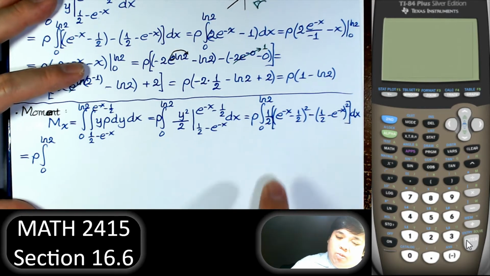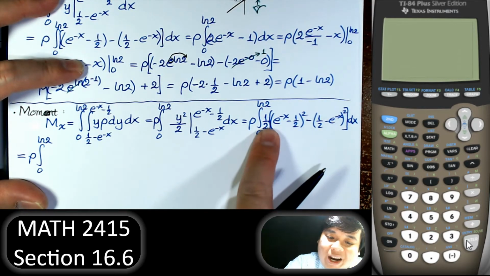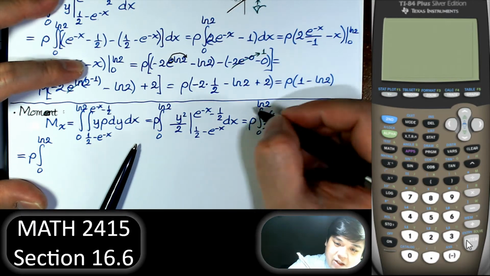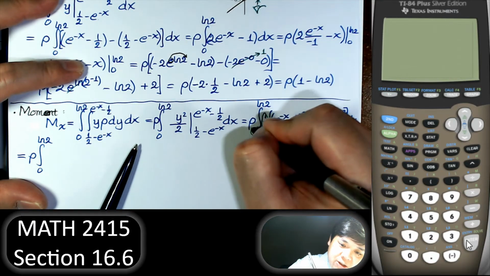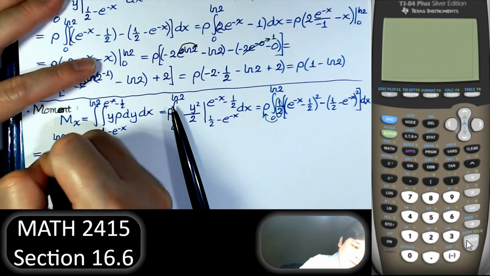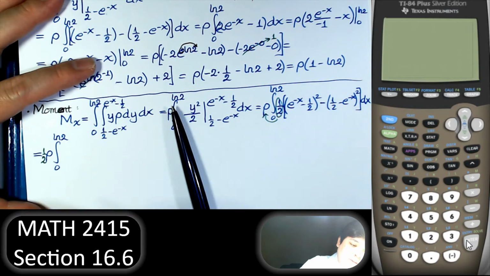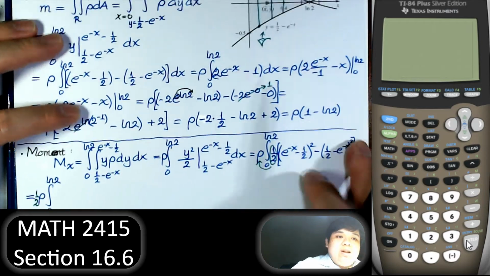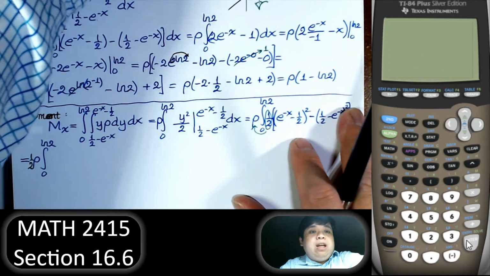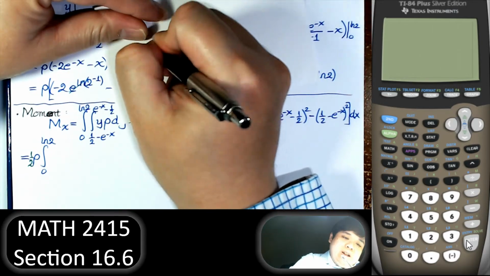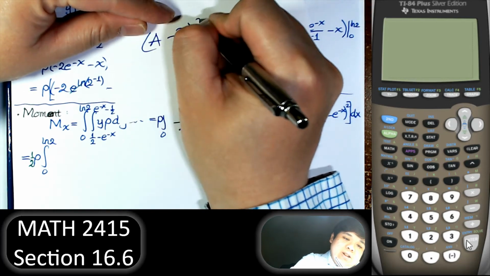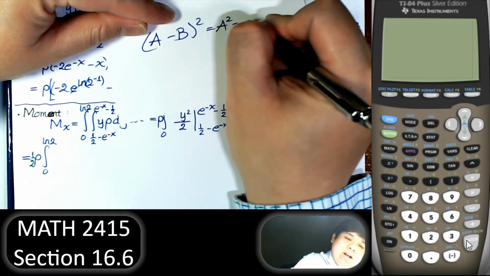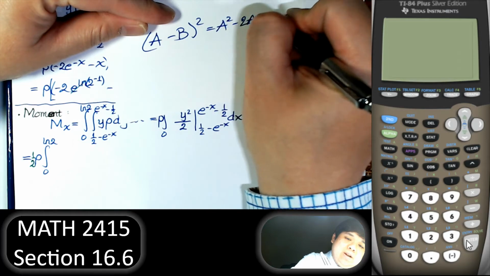Actually, there's the 1/2 here, so just take it outside of the integral. Now just multiply this out. I'll run out of space, so when we multiply that, we have a squared minus 2ab plus b squared.